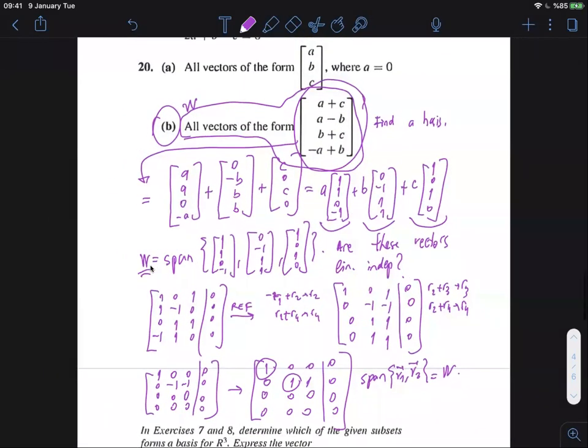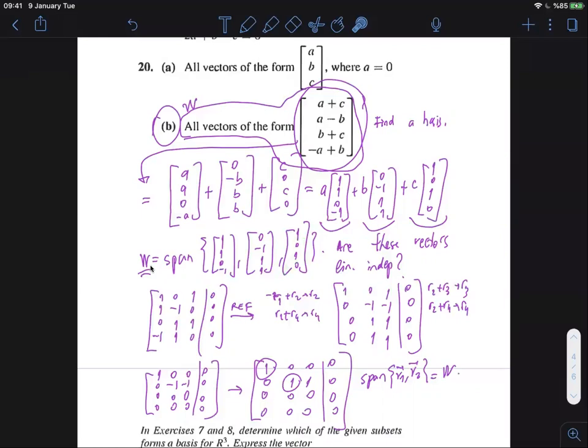So it turns out that we don't really need 3 of these vectors. Okay, so here you see these 3 vectors span W, but we can see that the third one is basically a linear combination of the first 2, right? If I add these 2 vectors, I get 1, 0, 1, and 0. So the third vector is really redundant here.